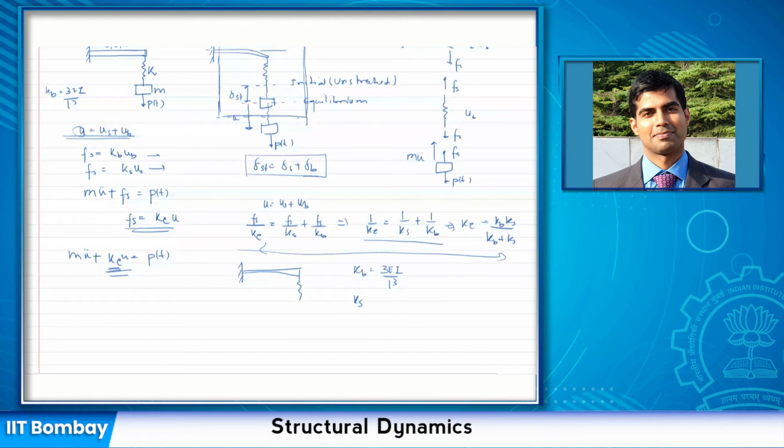This is a pretty standard problem. It is a simplification of different types of structures that are actually there. It could represent anything hanging from a beam, or a very heavy beam with a very flexible suspended ceiling or things like that. So this is just a simplified representation of those systems.